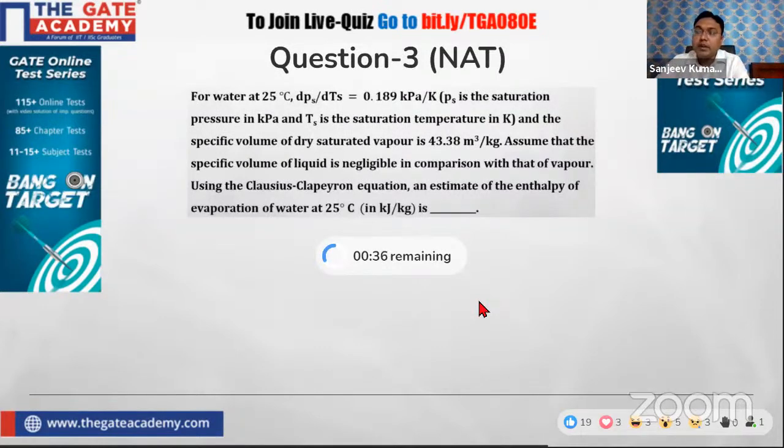If you're facing any difficulty, you can tell me. You must be knowing about the Clausius-Clapeyron equation, right? A direct formula-based question on the topic of the Clausius-Clapeyron equation.